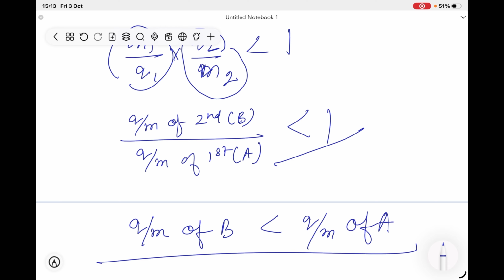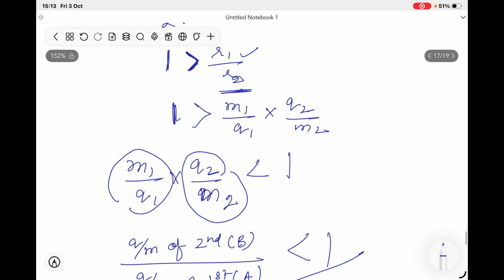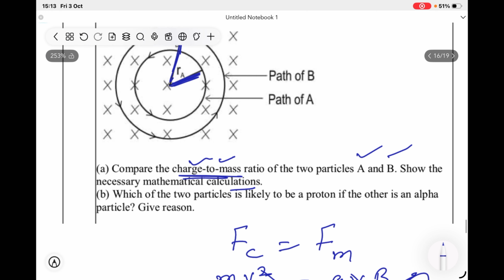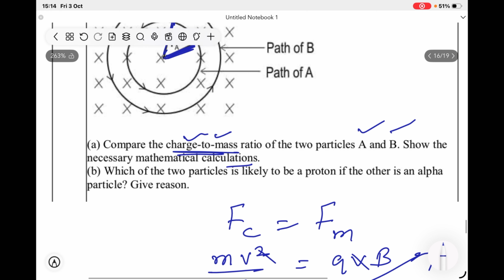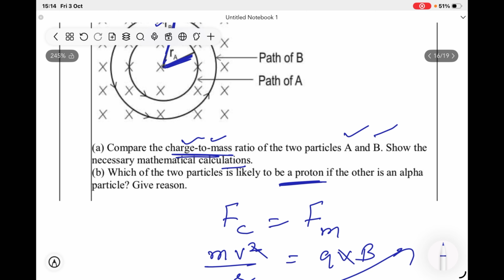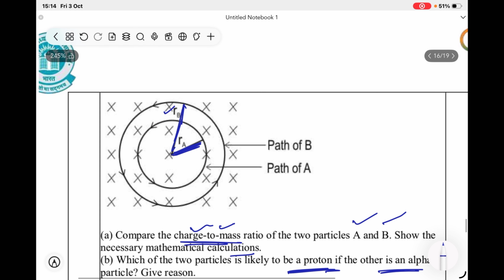Now let us see the second part of the question, which is which of the two particles is likely to be a proton if the other is alpha. So which is proton and which is alpha, they are asking. That is, if A is proton or B is proton, that is what they want to ask.